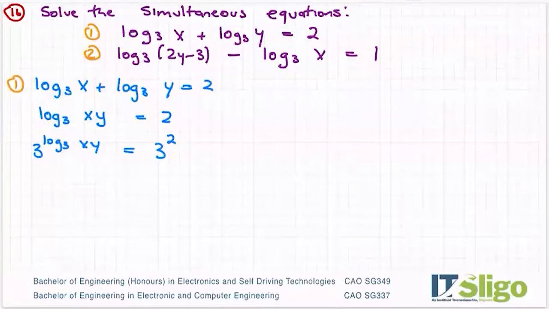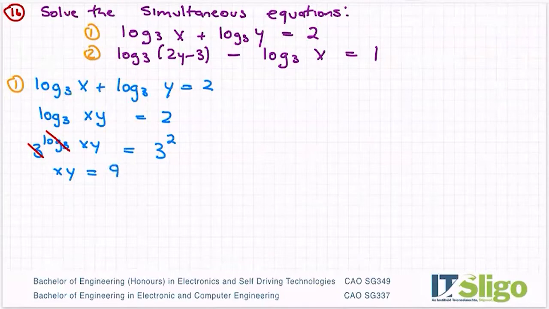So in that same vein, 3 and log 3 cancel, and I'm left with just what I was getting the log of. And 3 squared is 9. So I'm going to park that equation just there for now till I have a look at what happens to equation 2, and then I'll figure out how to solve them simultaneously.